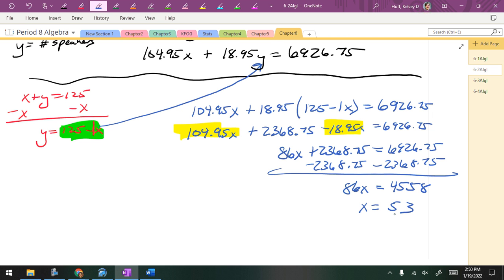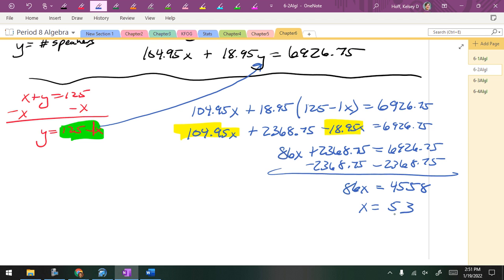If you would have gotten a decimal, should you have rolled with it? What does X stand for? A number of items, right? Like I sold 52.7 stereo systems. It doesn't really make sense, agreed? Now, if it meant money, that would be acceptable to have a decimal. But in this case, if you don't end up with a whole number, you should panic.